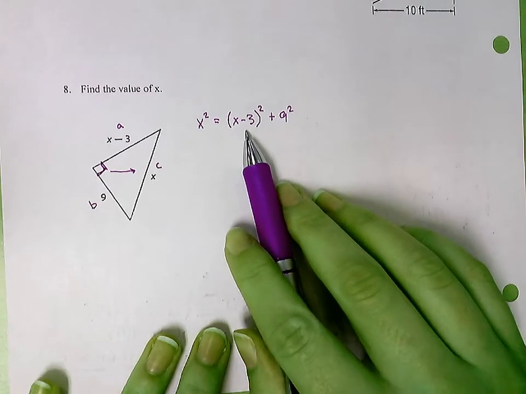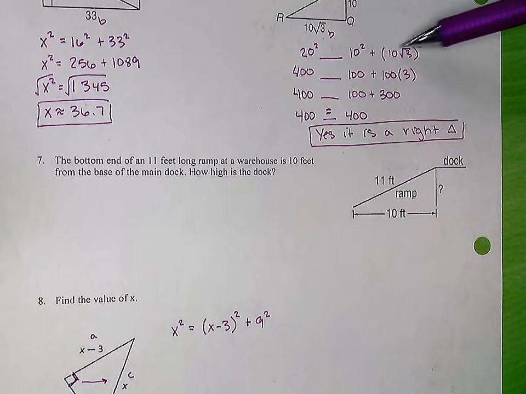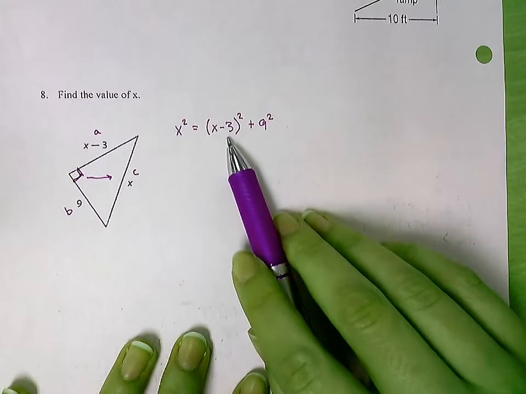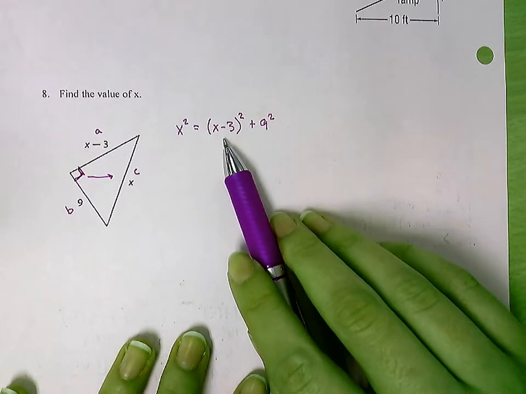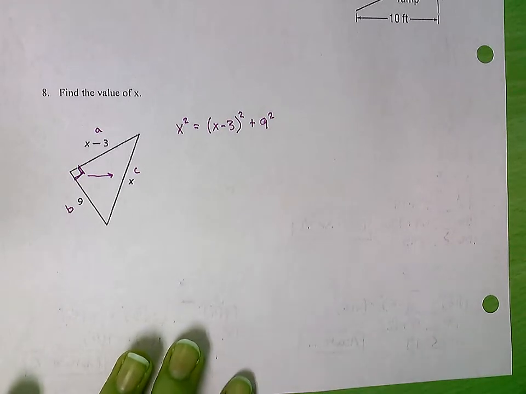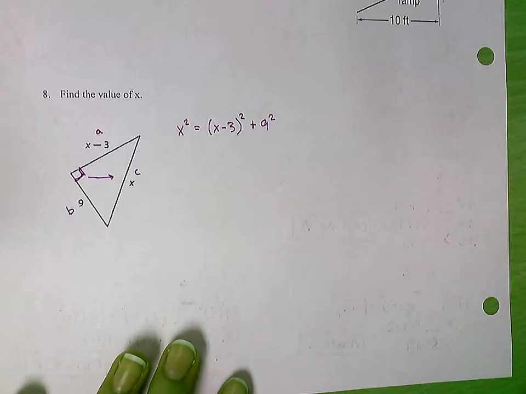Now here's your difference with distributing squares. Okay, we distributed our square up in this problem, right? To both of those terms. What's different about this problem here? There's no square root. There's a variable.